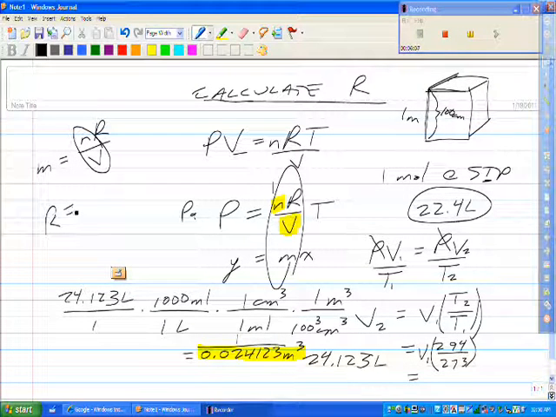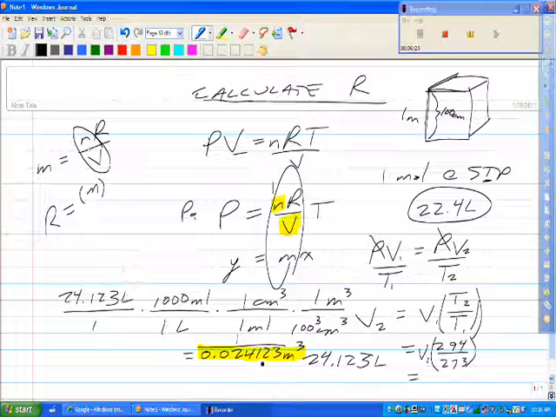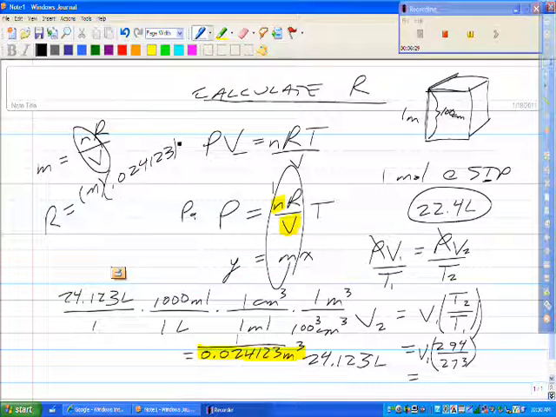So R equals the slope of the line off my best fit curve times the reciprocal of n over V. So the reciprocal of this, which is 0.024123.